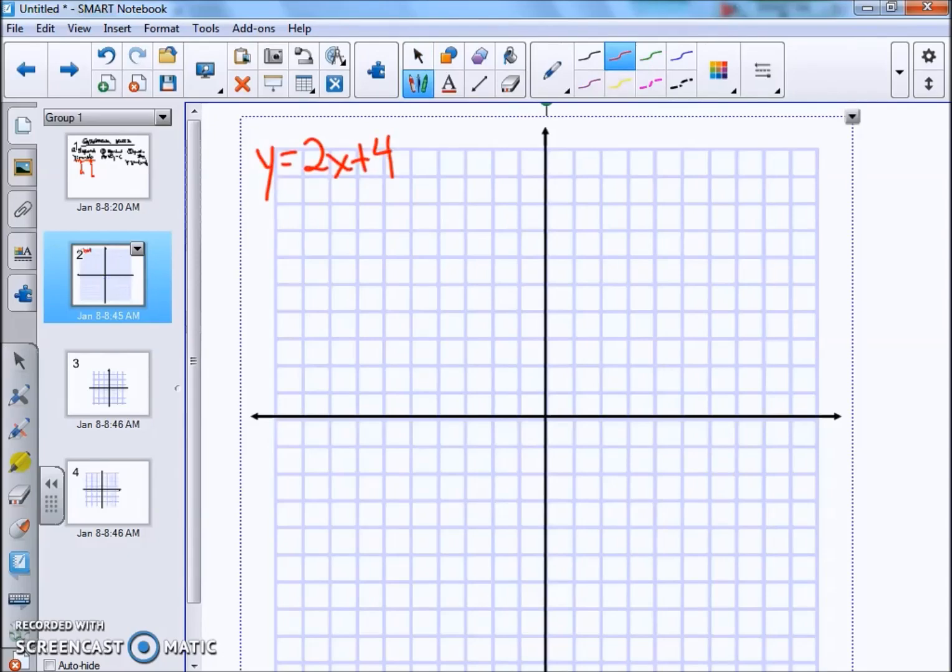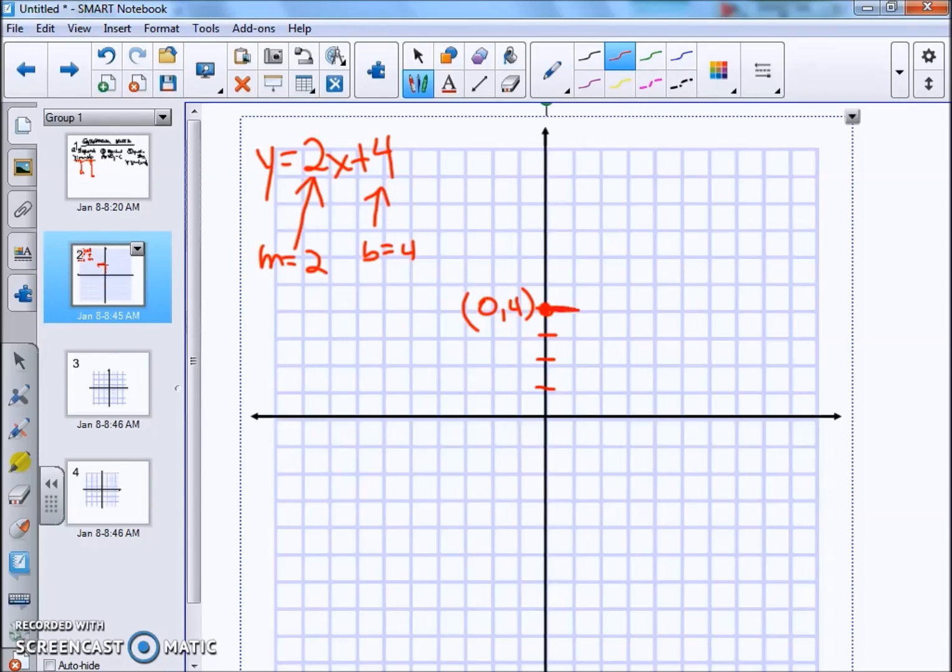So one way to do it is we can take our m and our b and use those two things to plot our graph. First we plot our b. We count 4 and plot the point (0, 4). Now how can our m help us find another point? What does our m tell us the line does? It changes by 2 every time.